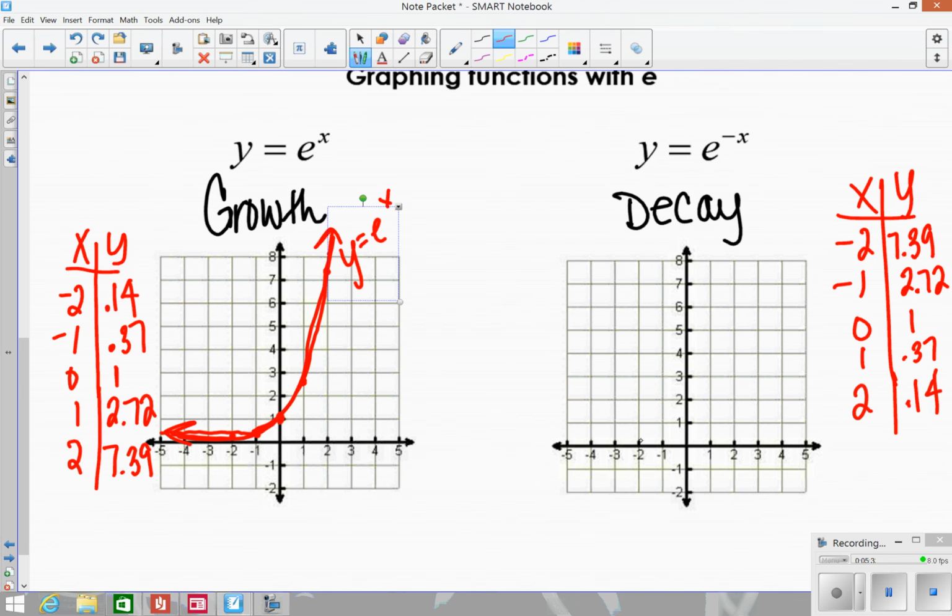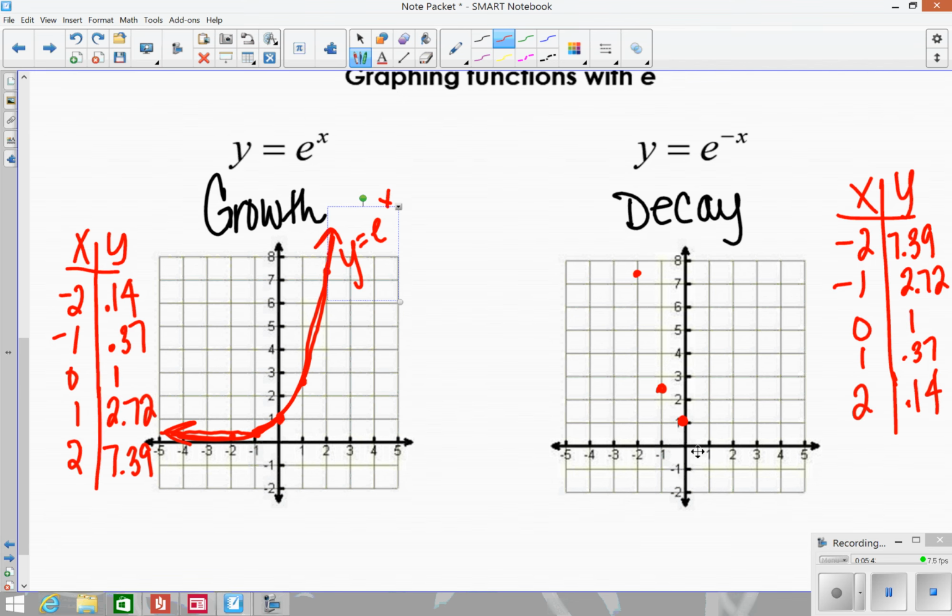So we have -2 up to 7.39, -1, 2.7. Again, when you draw this, you're trying to sketch it so that it gets really close to the x-axis, but it doesn't actually touch it.